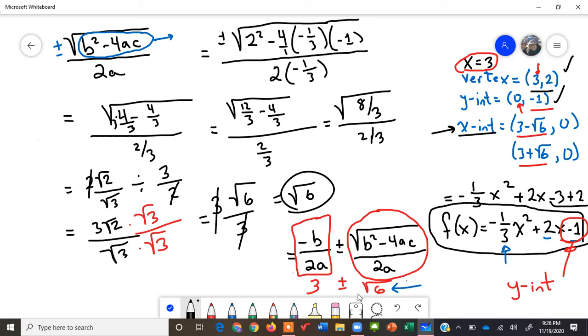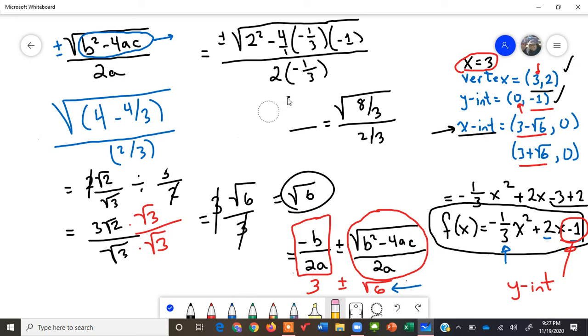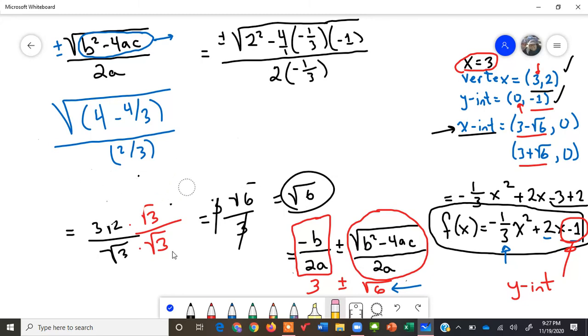However, in practice, if you're not doing this for class but for a practical application, you could simply pull out your calculator right at the beginning and compute 4 minus 4/3, all divided by 2/3, and not even worry about all this arithmetic, fractions, properties of square roots, rationalizing.